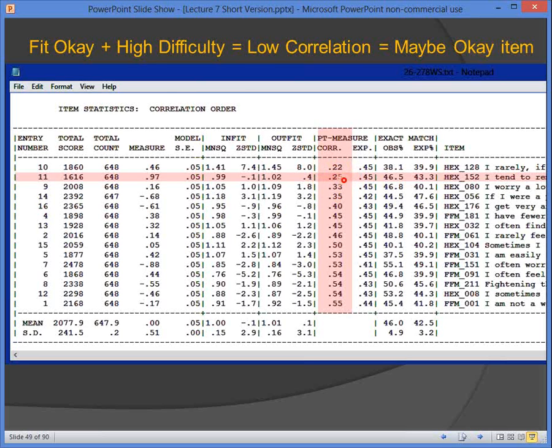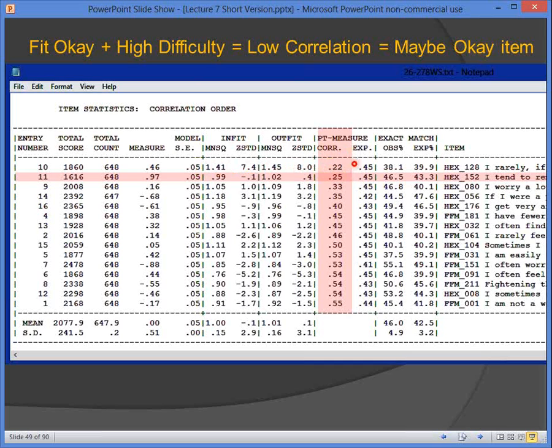And you'll notice with this particular item, well, let's look at the one that's 0.22. Here's a situation where the item has a low item scale correlation, and as you can see, the fit statistics, the infit and the outfit are both above 1.4. 1.4 is the zone where we begin to become suspicious.